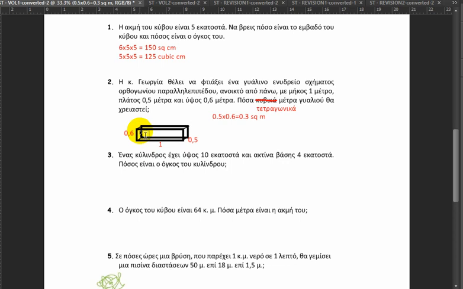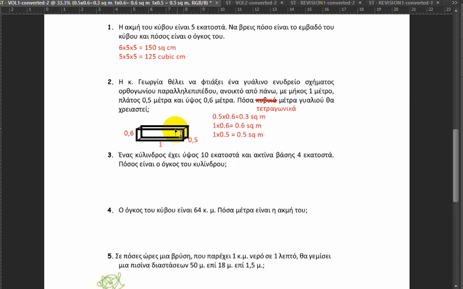Then we're going to find the faces that are front and back. And their area is going to be 1 times 0.6, which is going to give us 0.6 square meters. And then we're going to find the bottom only, because remember the top is missing. So the bottom only is going to be 1 times 0.5, which is going to give us 0.5 square meters.